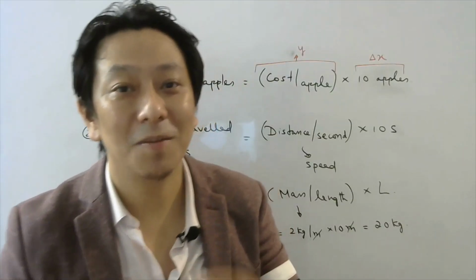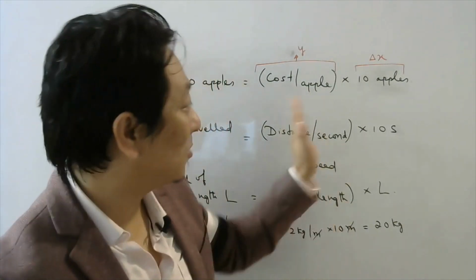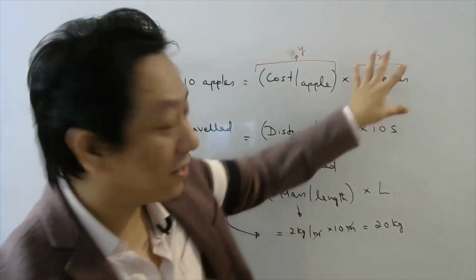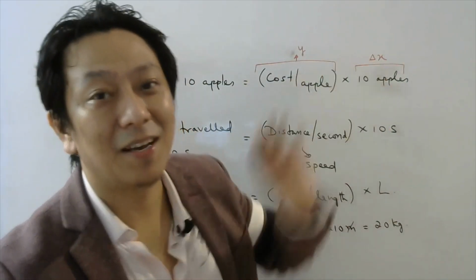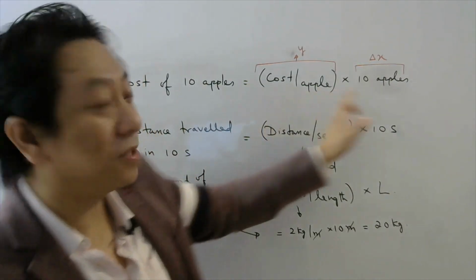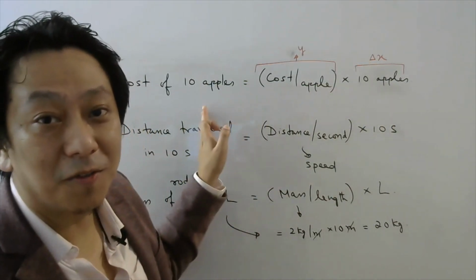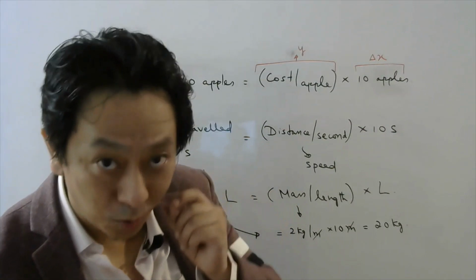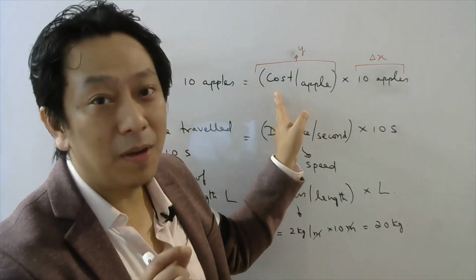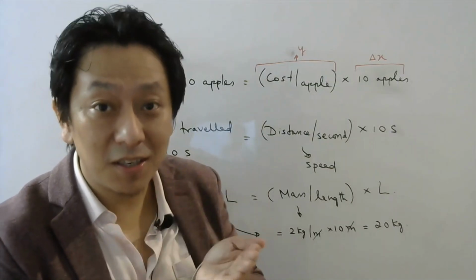Now let us use some symbols to represent these two quantities. I'll call these quantities y and these quantities delta x. Now when are we allowed to multiply these two in order to find the cost of 10 apples? We are allowed to do that only when the cost of each apple is constant, isn't it?